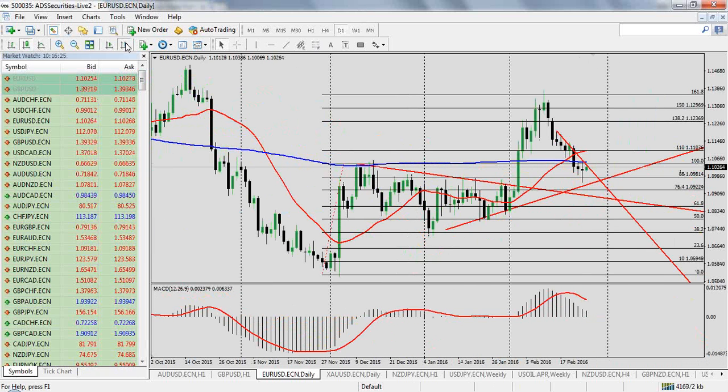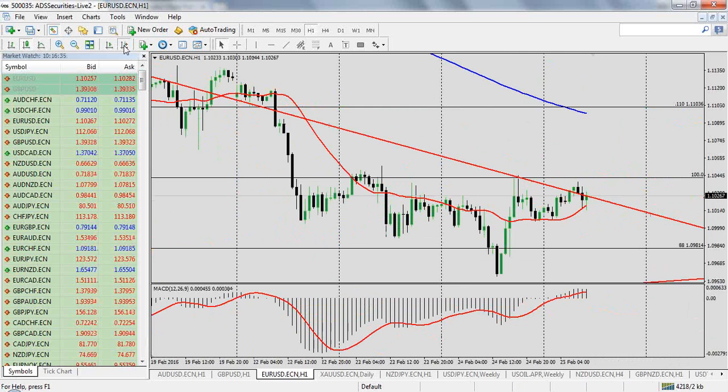So if we really look at that perspective, we can see that yesterday, the 1.0980 level was on 88% Fibonacci retracement zone. So if we go ahead and look at it carefully, the 1.0980 level touched the overall 88% Fibonacci retracement zone.